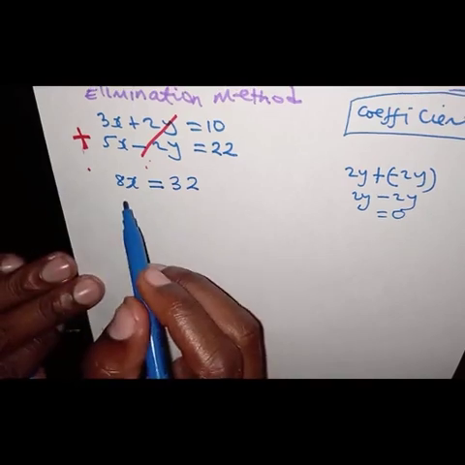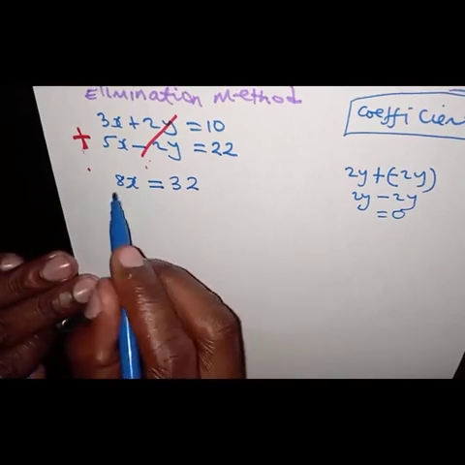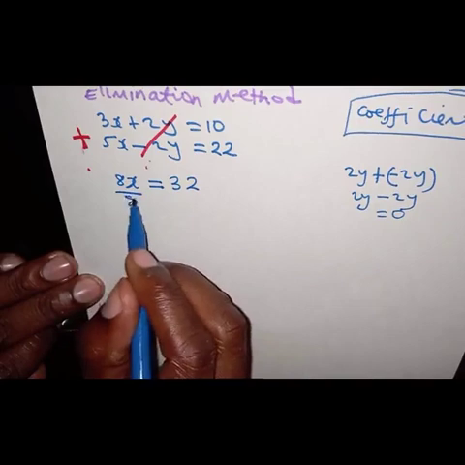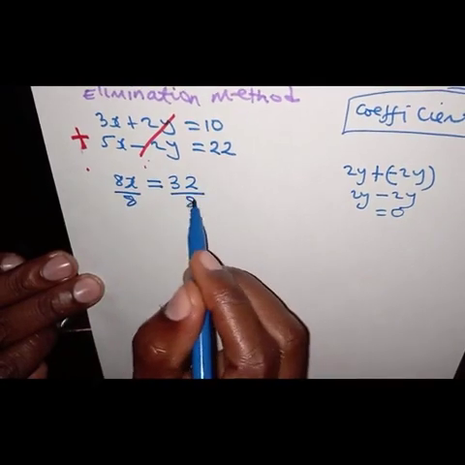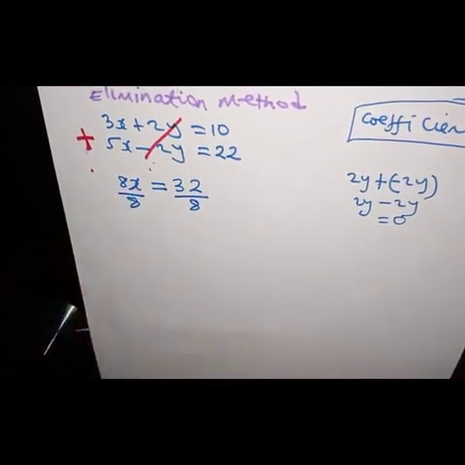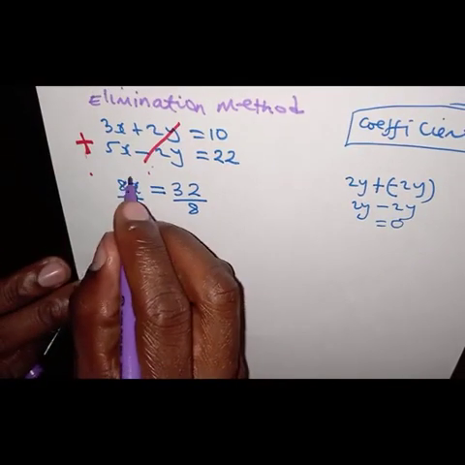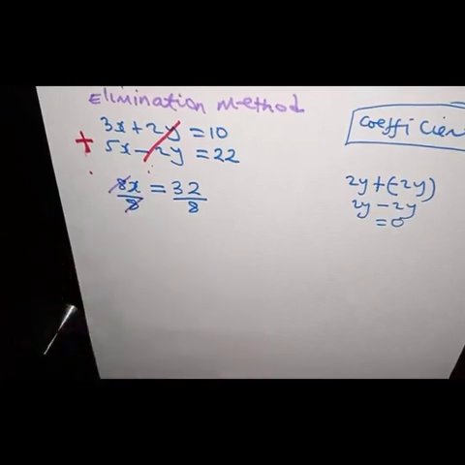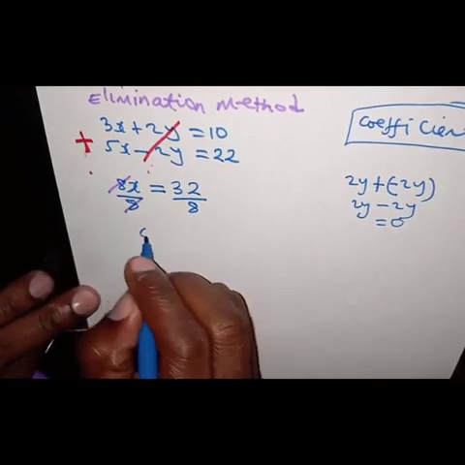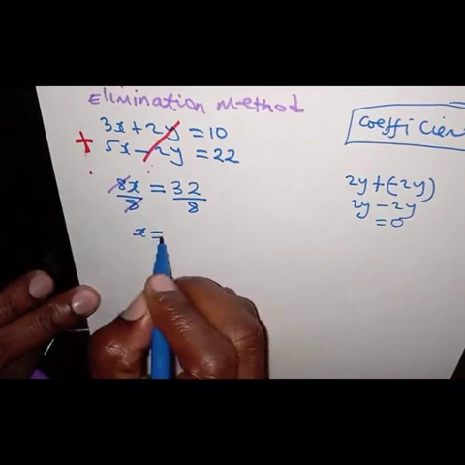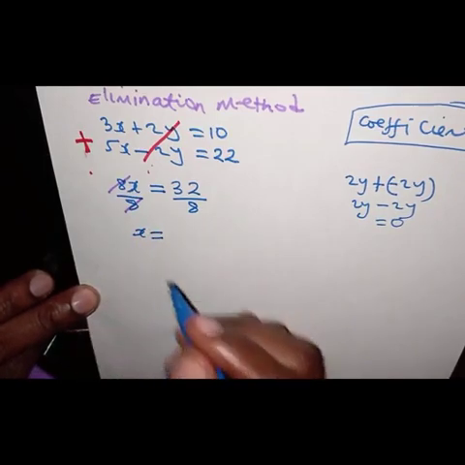So we need to solve the value of x. Divide by 8, so it will be over 8 over 8. The 8 and the 8, there you go. It means x remains. So what's 8 into 32?